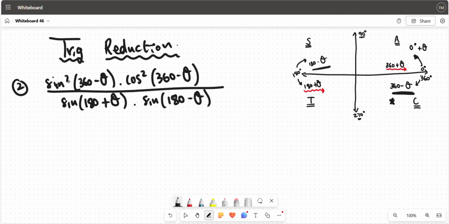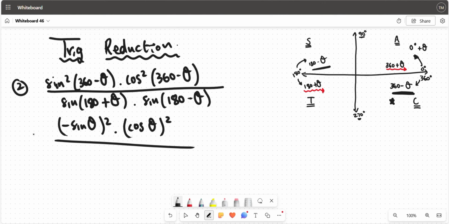So it makes this sine a negative, but you have a negative that is squared, so we'll evaluate that. That should be a positive. The cos of 360 minus theta will put us in the last quadrant, but that is positive, so this will be a positive cos squared like that.